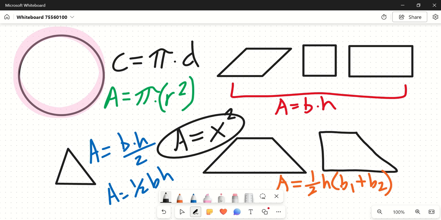It's 2 dimensions. Notice the 2 dimensions that are being covered here are always what, ladies and gentlemen? What 2 measurements are common with all of them? Base and height. And there's 2 bases on a trapezoid, but base and height are in each one, except for the circle, because the circle's different, because a circle doesn't have flat lines, so we ignore the circle. The circle's the outlier, the different one.